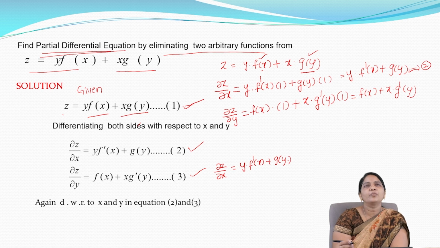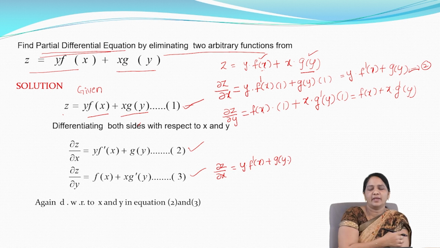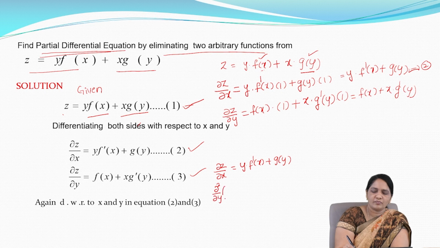So now I am going to do with respect to y again. So dou by dou y of dou z by dou x, this is dou square z by dou x dou y.